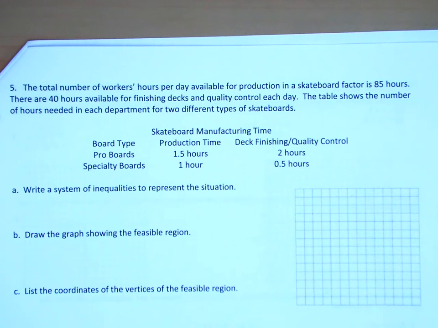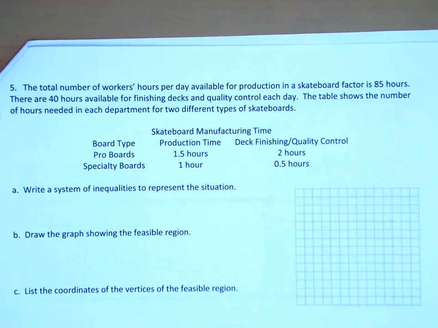So with this, we're going to work through it. We've got pro boards and specialty boards, and we've got 1.5 hours versus 1 hour, and 2 hours versus 0.5 hours.